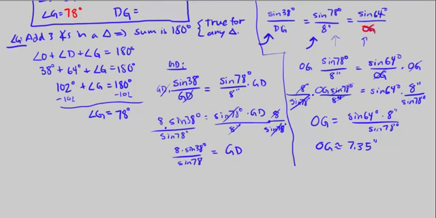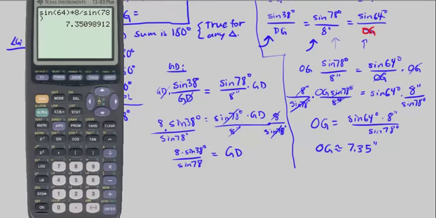Okay, so let me bring out my calculator. 8 times sine of 38 degrees divided by sine of 78 degrees, and I get that's approximately 5.03.